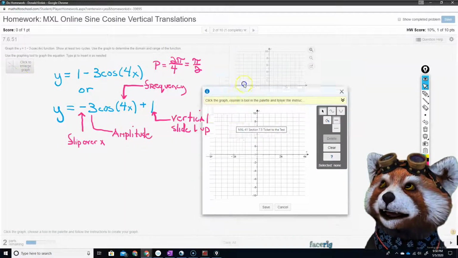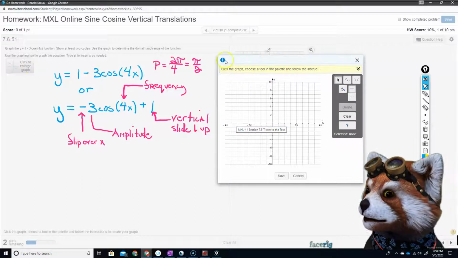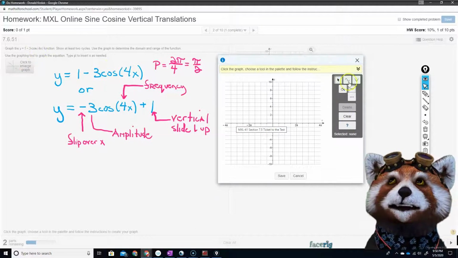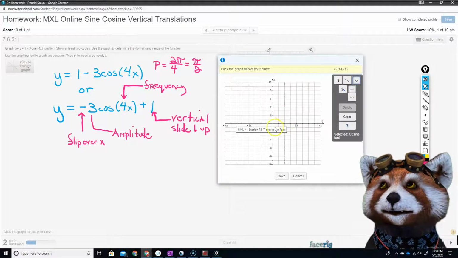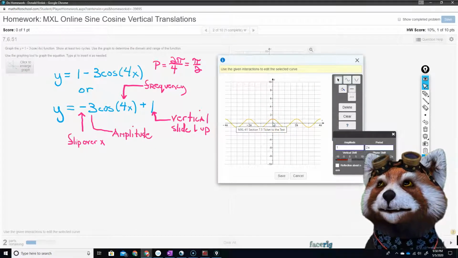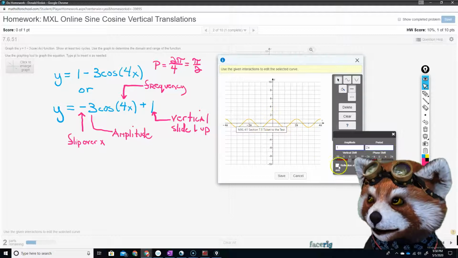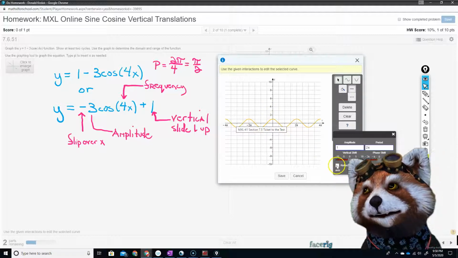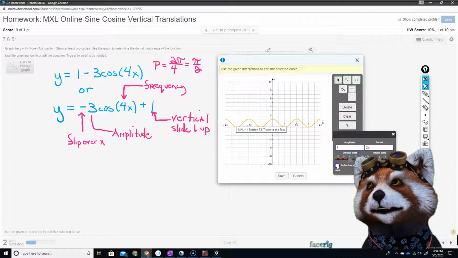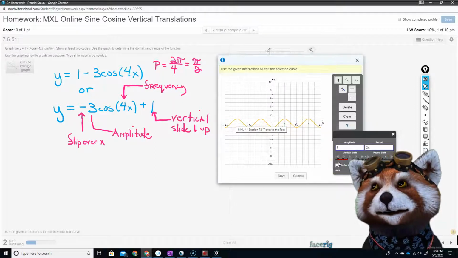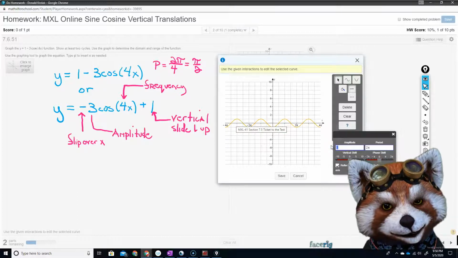Okay, so let's click on our tool here and put that information in. So let's see, we've got a cosine graph, so I choose my cosine graph. Click on the origin, there's a cosine. Okay, I'm going to first click right here where it says reflection about the x-axis. Then I'm going to put in my amplitude.